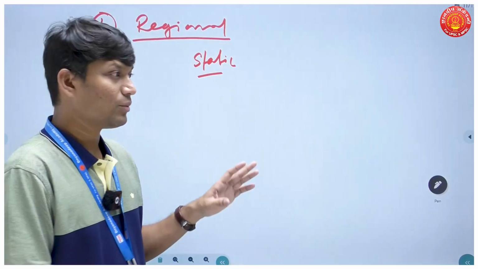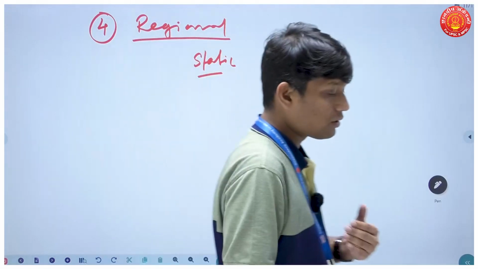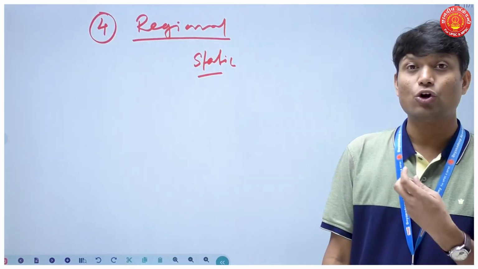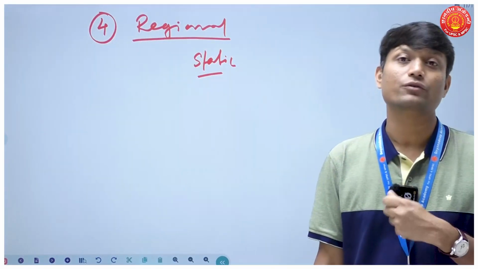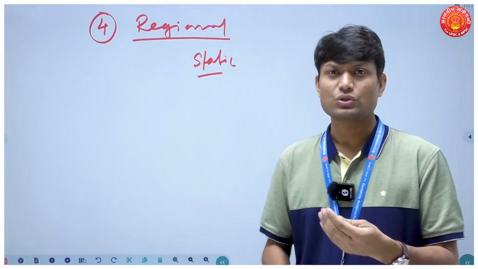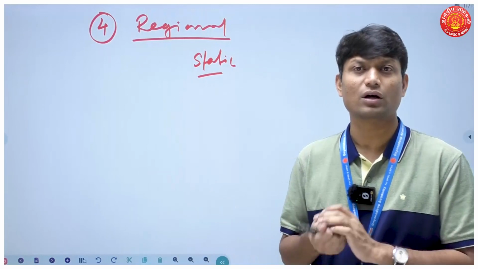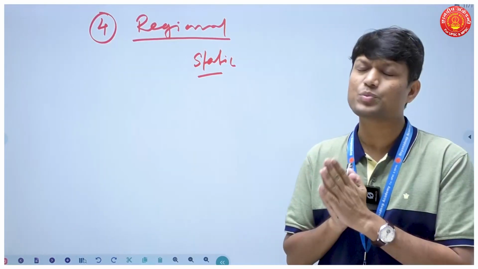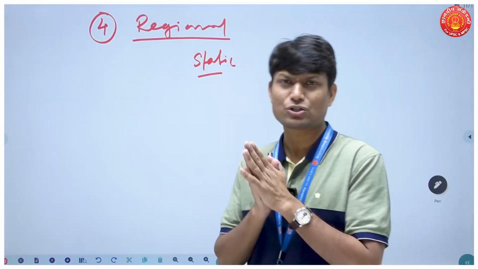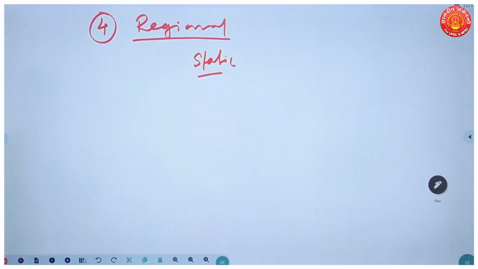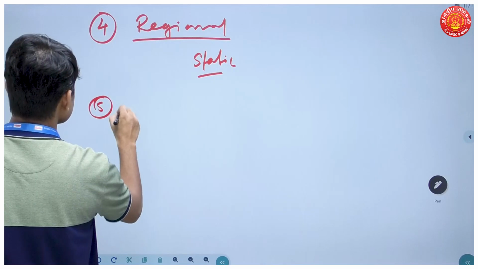You will find that most of the answers you are writing for regional geography are not as per the requirement of geography optional. So some kind of tweaking is required when it comes to writing answers of regional geography, and that helps most of the time. You do not need to add much material or content in this particular area.